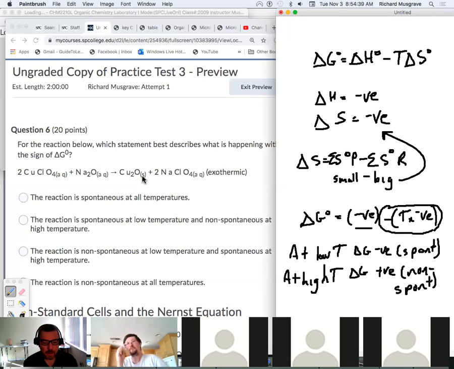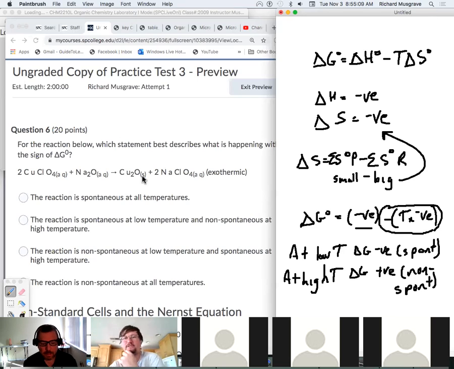And that was from what I had said earlier about what matters for entropy, with the gases, the aqueous ions, and the solid, etc. Does anybody else have any questions? Anybody have any questions?